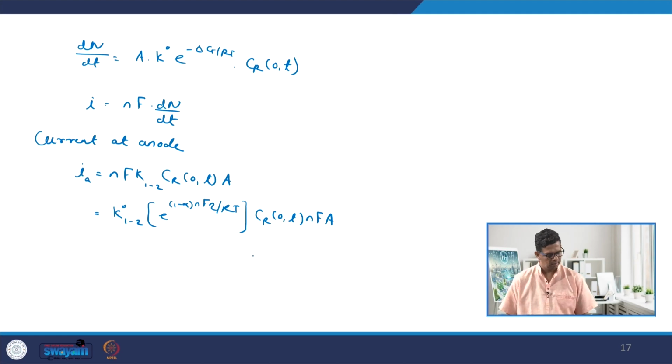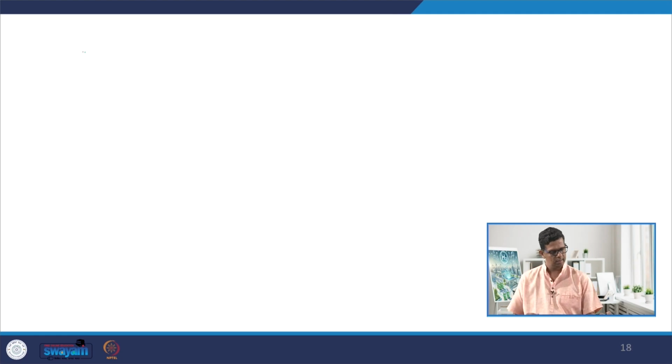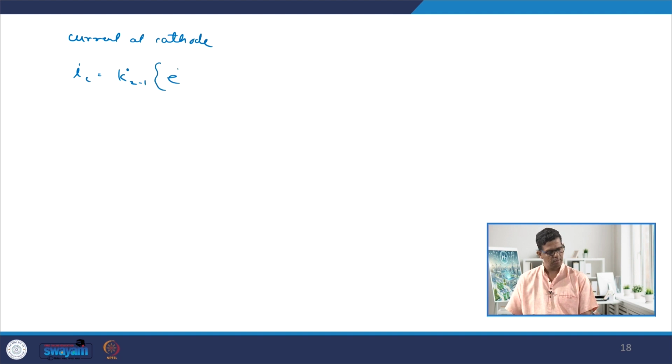Let us go ahead and write it for the cathode. The current at the cathode, or IC, is k021 e to the power minus alpha nF eta by RT times CO(0,t) nFA, right.